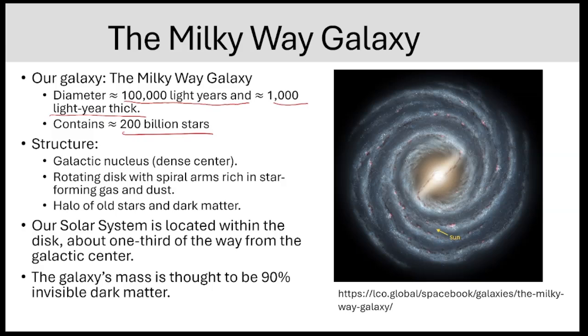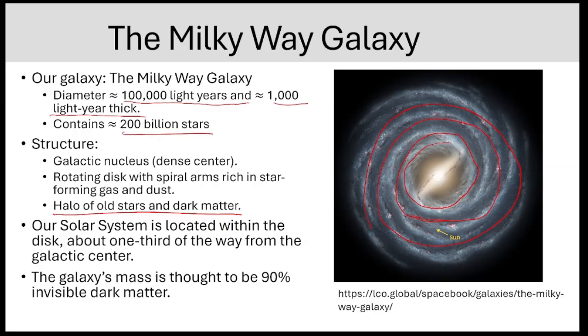It looks like a disk with spiral arms, and these spiral arms are rich in gas and dust where new stars will form. So this spiral section is rich in star making objects, and it also contains a halo, which contains old stars as well as dark matter.